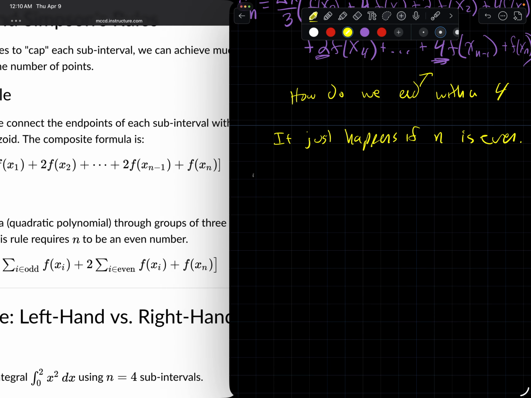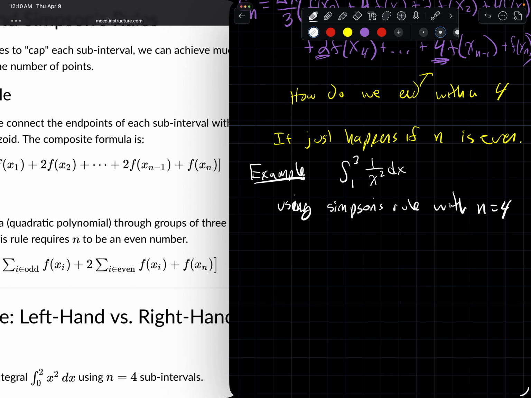Let me pick a better color. So, example: let's just do the integral from 1 to 3 of 1 over x squared dx, and we're going to use Simpson's rule with n equals 4.